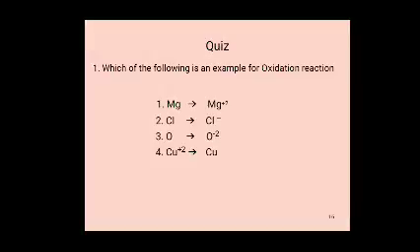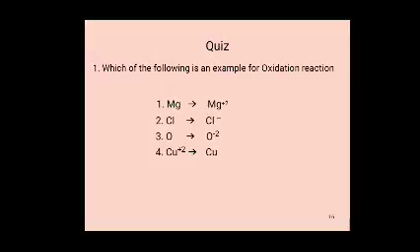Here we discuss according to the change in charge. Mg gives Mg+2, an increase of charge to plus 2. Cl gives Cl-, a decrease of charge from 0 to minus 1.